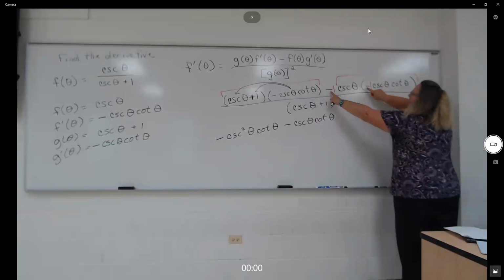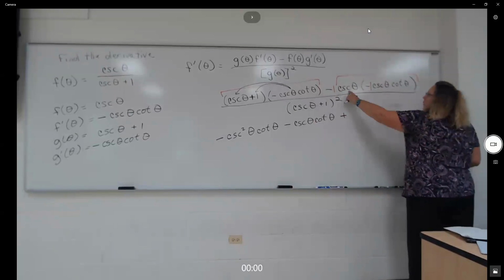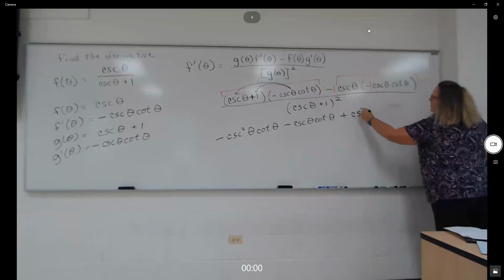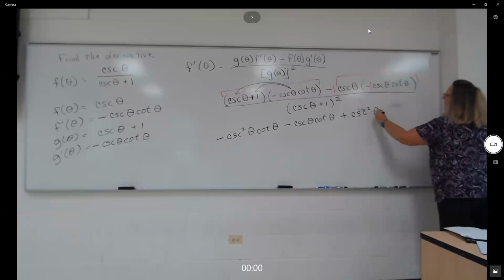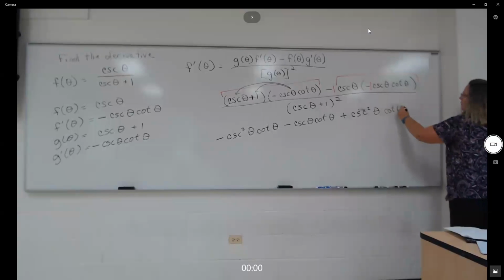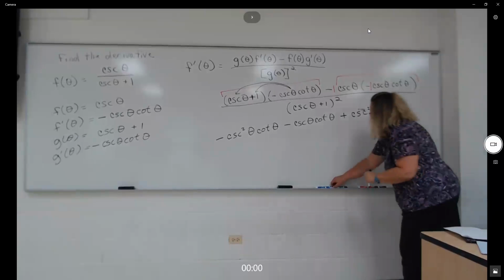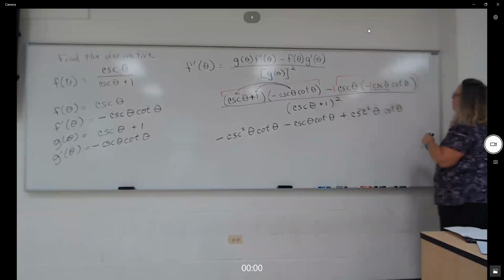So I'm going to multiply these two and write plus, and cosecant times cosecant is cosecant squared. And then I still have this cotangent. So here I just literally multiply the two negatives and the two cosecants, and then the cotangent is taken.